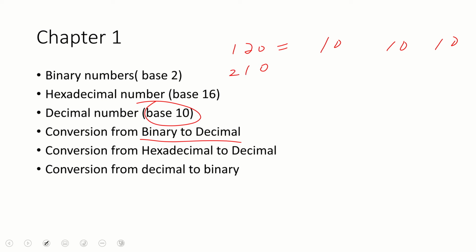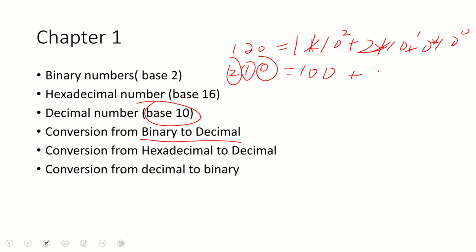So the 2 is at index 1, the 1 is at index 2, and the 0 is at index 0. Then you get 1 times 10 squared, 2 times 10, and 0. Once you add them up, it's 100, plus 20, plus 0, and then you get 120.